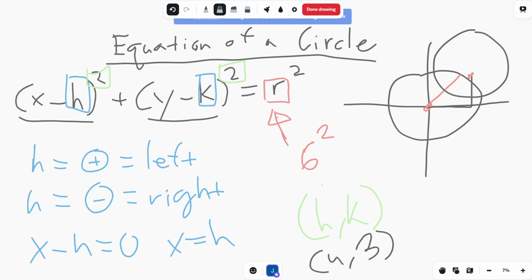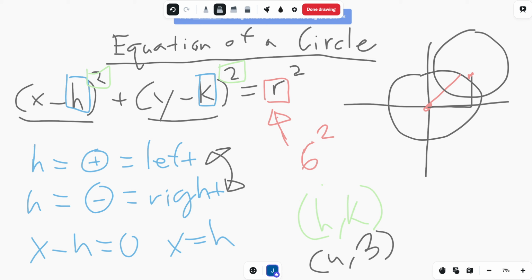So the center will always be H, K. If H is positive, then we're going to start moving to the right, so we should be switched. And then if H is negative, then we should move to the left. This is because of the zero property rule when we set this as an equation to 0, and that's how we solve. So very basic algebraic concepts.